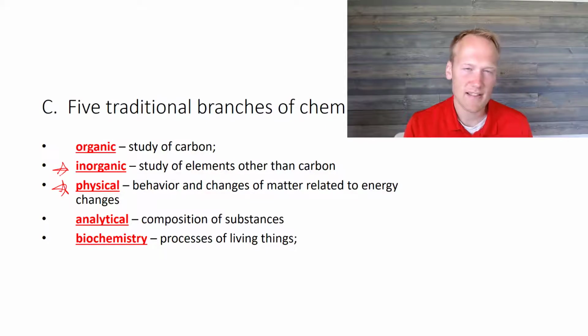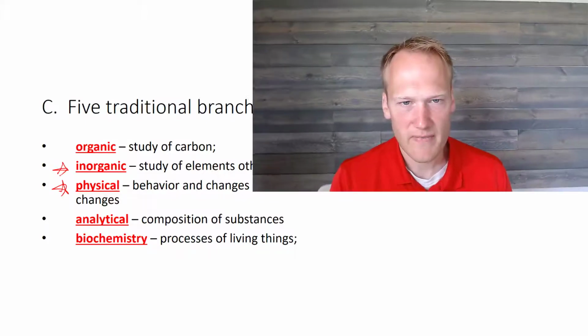You've already studied this. If you remember the Krebs cycle and the Calvin cycle from the cell in biology class, that's biochemistry. There are a lot more details we can get into there, but that is chemistry. It's how those molecules are interacting and behaving when in contact with one another. So what you really need to take from this today is what chemistry is. It's the study of matter and how it interacts with other matter.